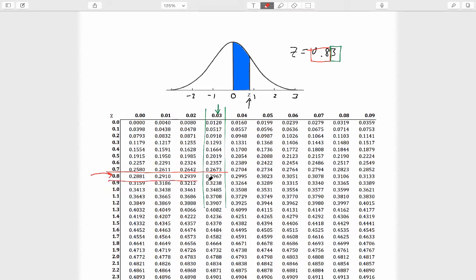There's going to be one entry in common between this row and this column, and that's the number that we're looking for. This 0.2967 right here, that means there is a 0.2967 probability that a randomly selected data point will live between 0 and 0.83 along the horizontal axis here. Another way to say it is that 29.67% of the area under this curve is shaded in blue here.